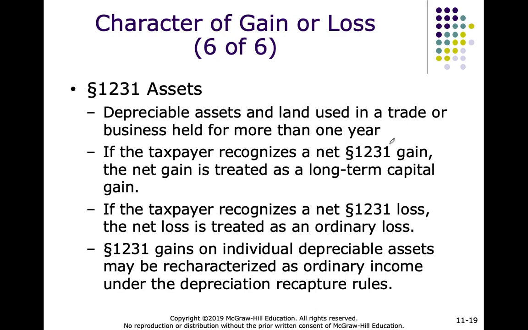Okay, so now we enter into the realm of assets used for trade or business that were held more than a year. All these assets are 1231 assets. Just for the purpose that they're being used for trade or business, they're 1231 assets.